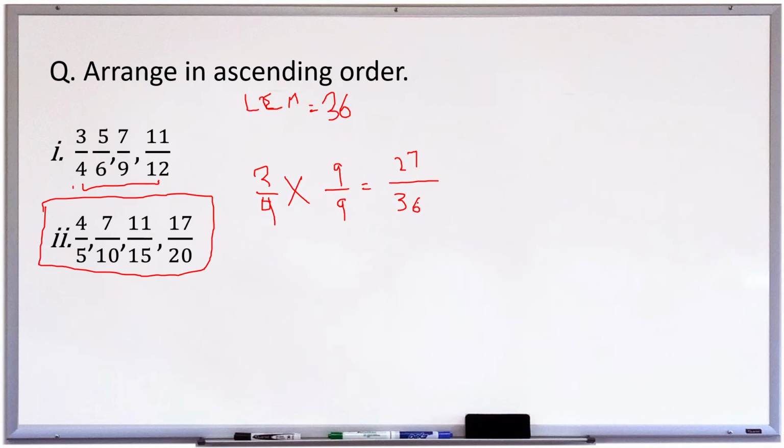Okay, that is why the name suggests equivalent, because 3 upon 4 and 27 upon 36 are equal to each other.